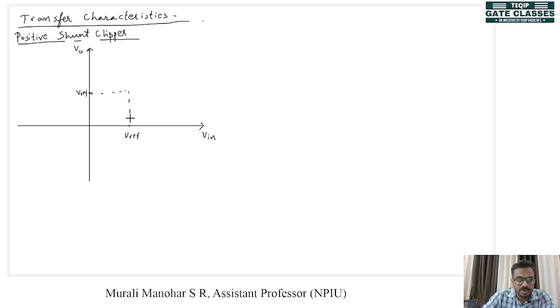So as input changes, output also changes. A linear relationship, input and output are the same. When input reaches Vref, what happens to the output? The output becomes clipped and the output is set to Vref. Until then the slope is 1.